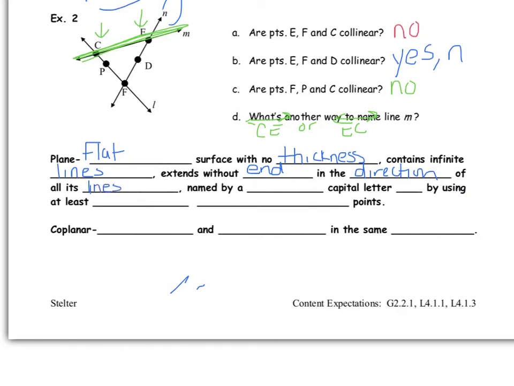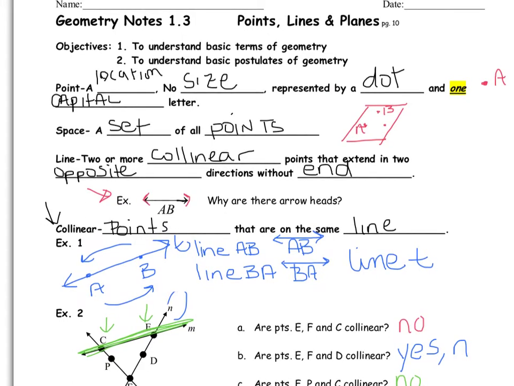It's named by a single capital letter, or by using 3 non-collinear points. So either way is fine. Non-collinear means they would not be in the same line. And that's like that parallelogram thing that we drew above in the very beginning, right here, for space.